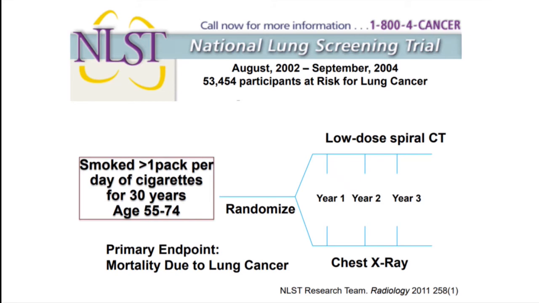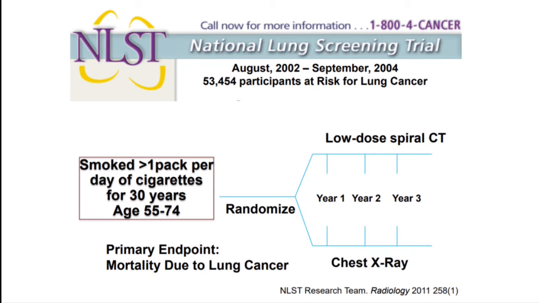The whole idea of lung cancer screening was based on this large trial called the National Lung Screening Trial, or NLST, which looked at over 53,000 participants who had been smoking more than a pack per day of cigarettes for at least 30 years, aged between 55 and 74.